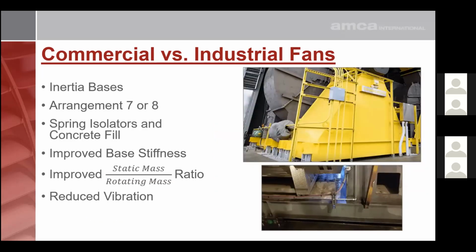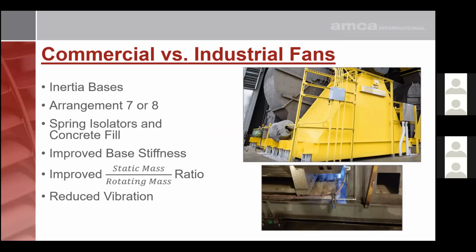Arrangement 7 and arrangement 8 fans can also be supplied with inertia bases. Inertia bases use springs to isolate the structure, or whatever the fan is sitting on, from any vibration from the fan.